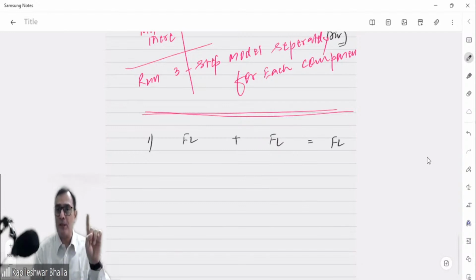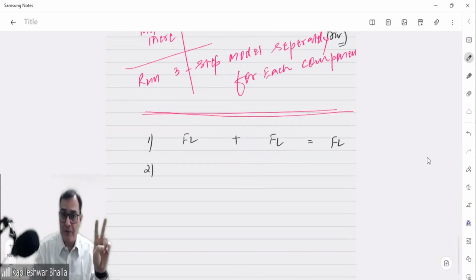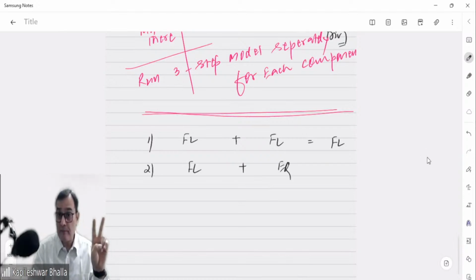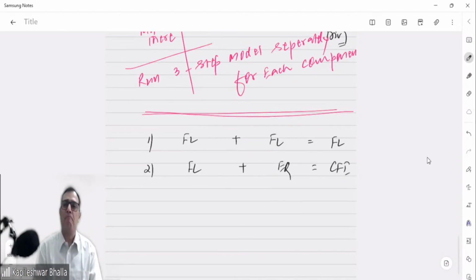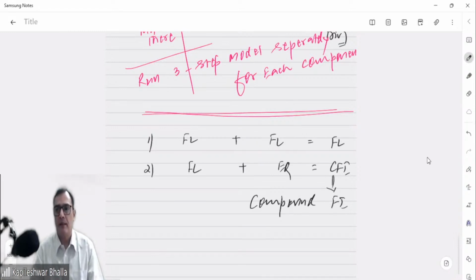If one of the components is a financial liability and the other component is equity, we're going to call this a CFI. This is called a compound financial instrument. So let me put, this is called a compound financial instrument.